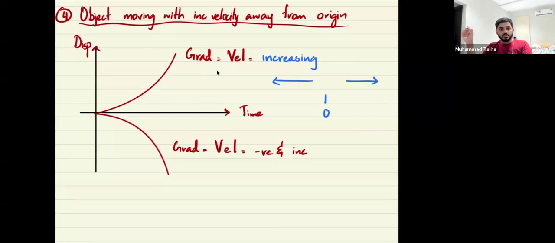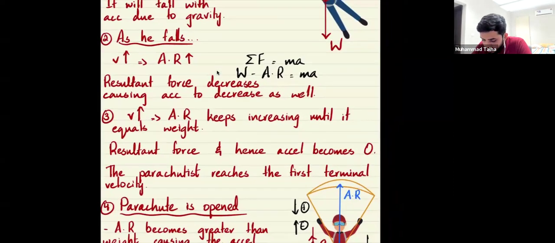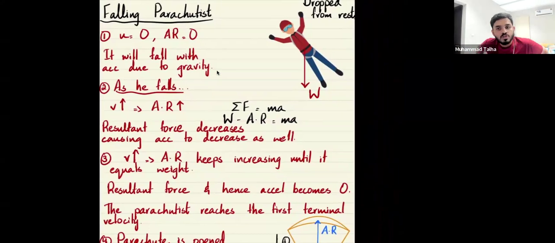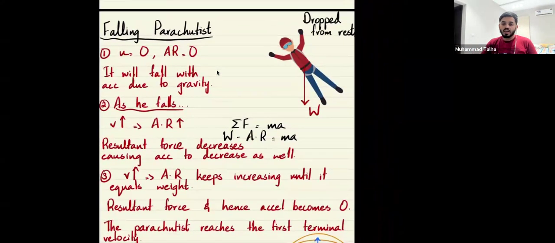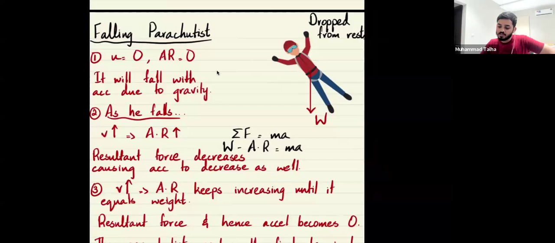But the idea in terminal velocity in free fall, when we talk about an object falling, is that whatever happens to the force happens to the acceleration. If I just show you another diagram here, really quickly. So if I'm talking about a parachutist who is falling in air, initially when he is dropped, there is no force acting on him except his own weight, right?